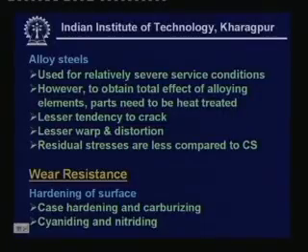As you can see, it has a lesser tendency to crack whenever you are having a heat treatment, lesser warp and distortion, and these two characteristics are very important when one is going for a heat treatment.